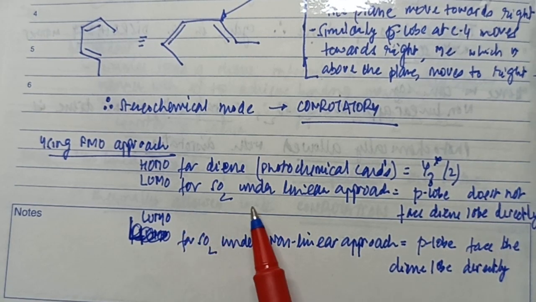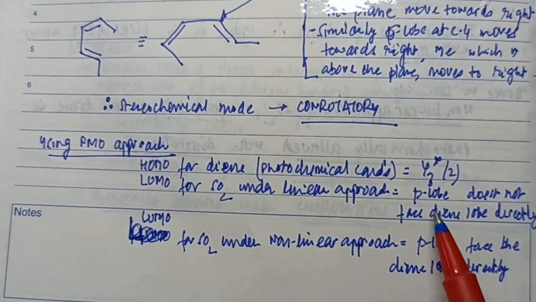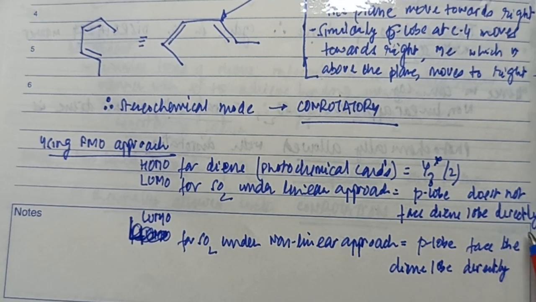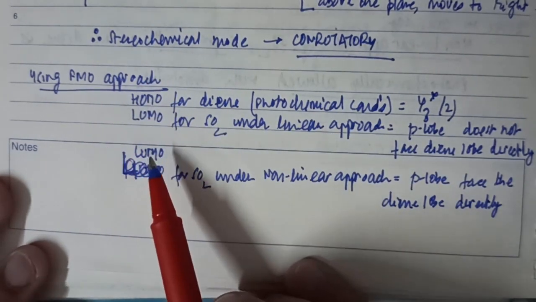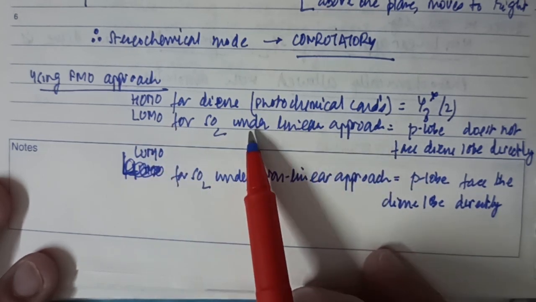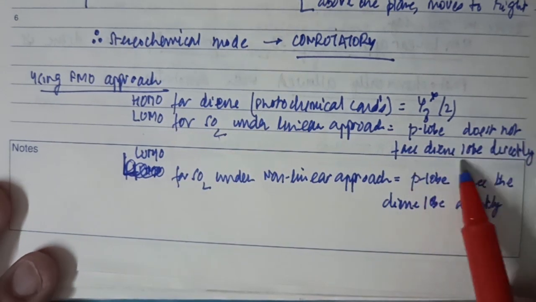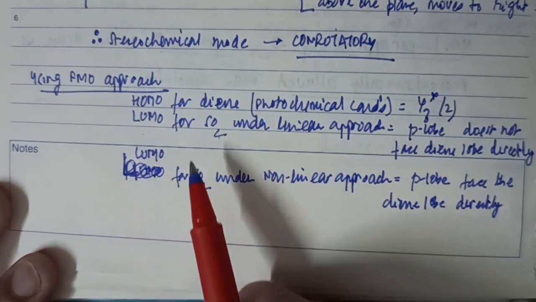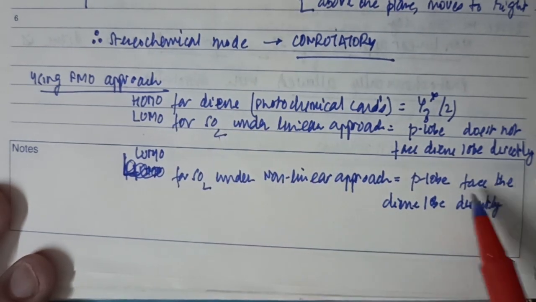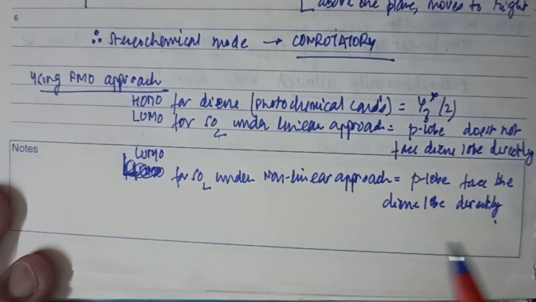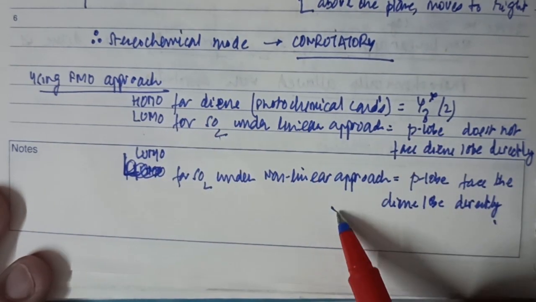The LUMO of sulfur dioxide under the linear approach does not face the lobe of the diene directly, whereas the LUMO of sulfur dioxide under the non-linear approach faces the p lobe of the diene directly. That is the difference in the LUMOs under linear and non-linear approach as far as sulfur dioxide is concerned.